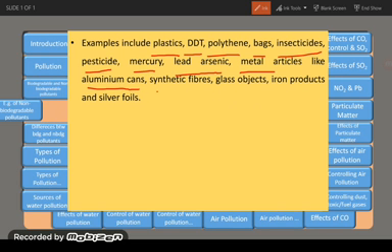Then synthetic fibers, which can stick around for a long period of time and hence constitute pollutants to the environment. Then glass objects as well, iron metals and silver foils, as well as many other examples. All these pollutants can never be acted upon by fungi or bacteria to cause their decomposition into harmless substances.